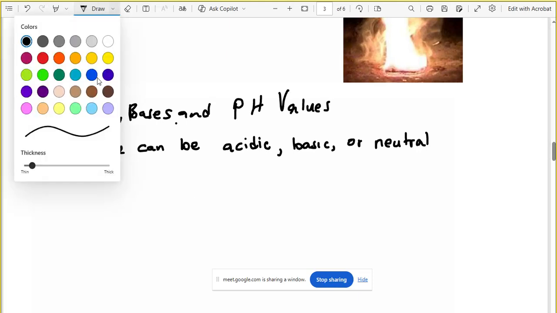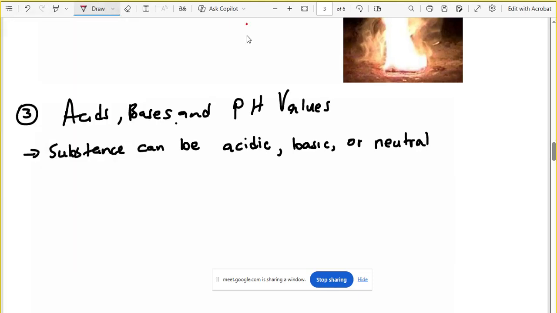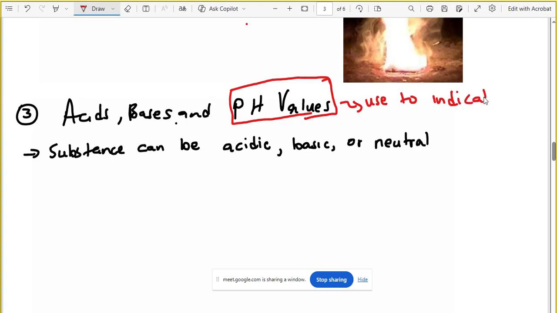Yes. So now this part here, pH, we use it to indicate how acidic or basic a substance is.